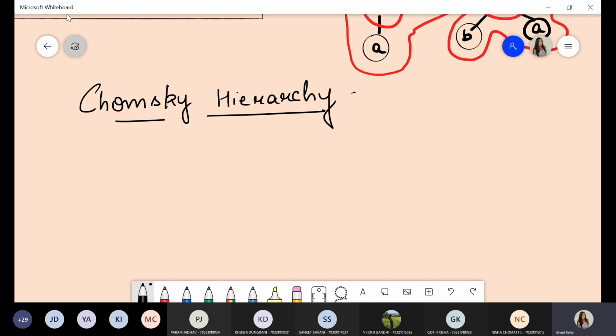Then you have to make the diagram. Have I told you that diagram? I think we have already discussed that.